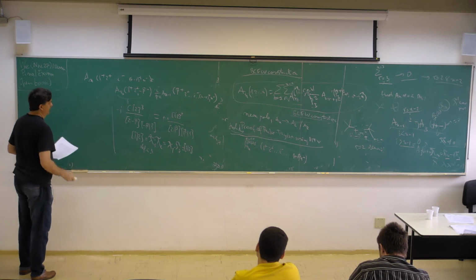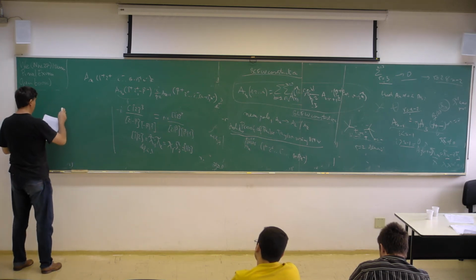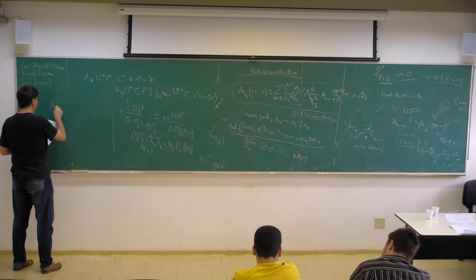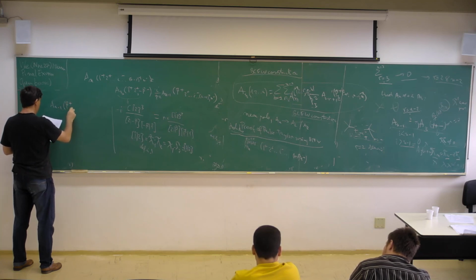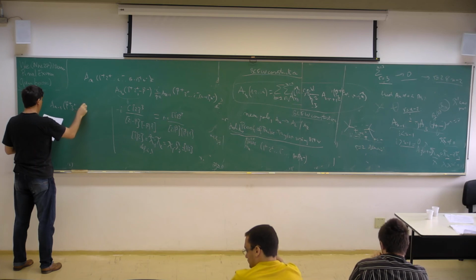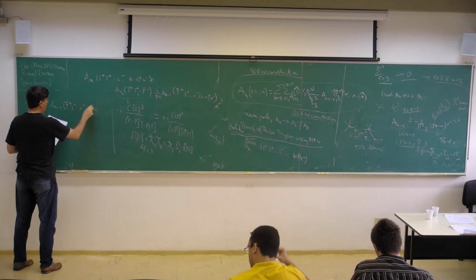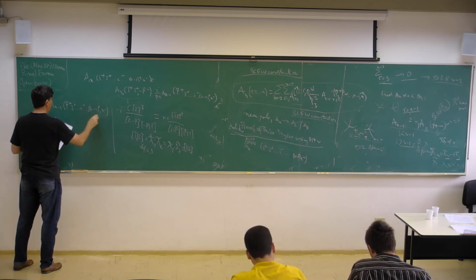On the other hand, on the thing that we want to prove, the Parke-Taylor identity of an minus 1 with some p plus 3 plus i minus n minus 1 plus n minus.